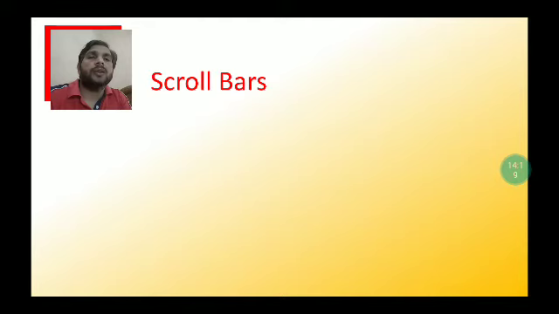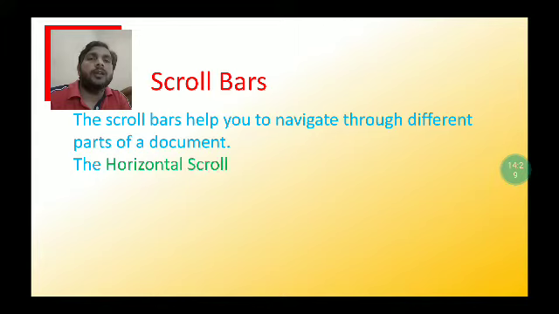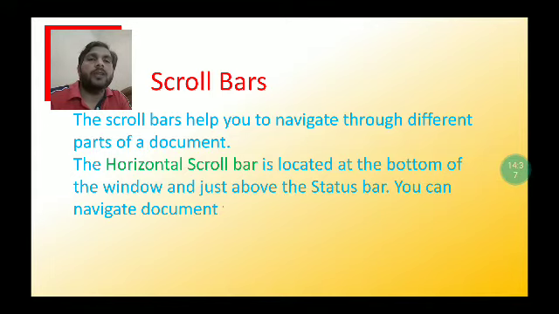Next is the scroll bar. The scroll bars help you to navigate through different parts of a document. The horizontal scroll bar is located at the bottom of the window, just above the status bar. You can navigate the document from left to right by using it.